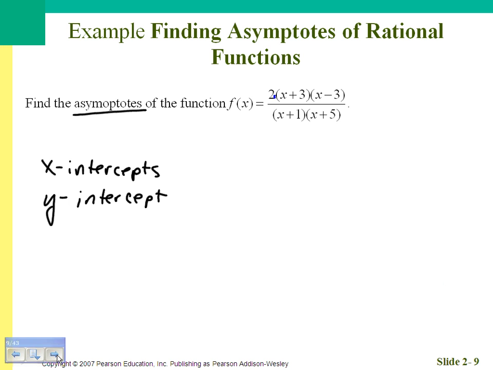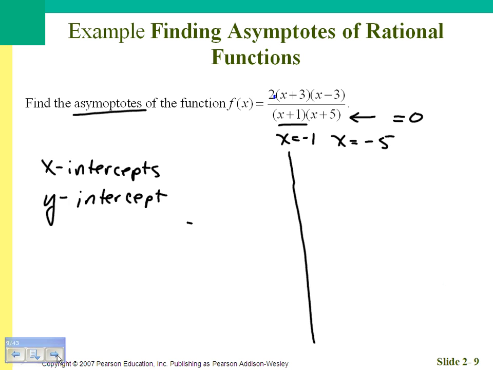We'll take them in the order that they've asked. First with the asymptotes. With the asymptotes, we're going to look at the denominator function and ask ourselves, when is this equal to 0? And they've already factored it for us, so they've done our work for us. We just need to now interpret these linear factors, and the first one means x equals -1, and the second one means x equals -5.